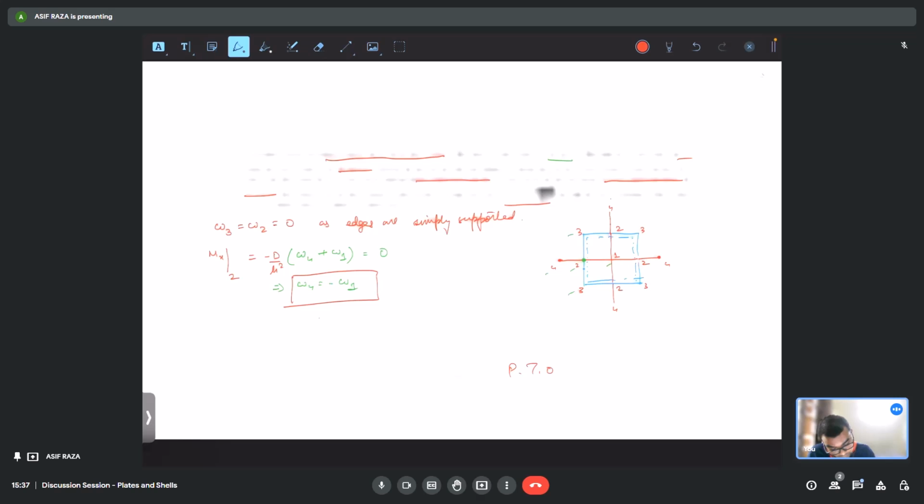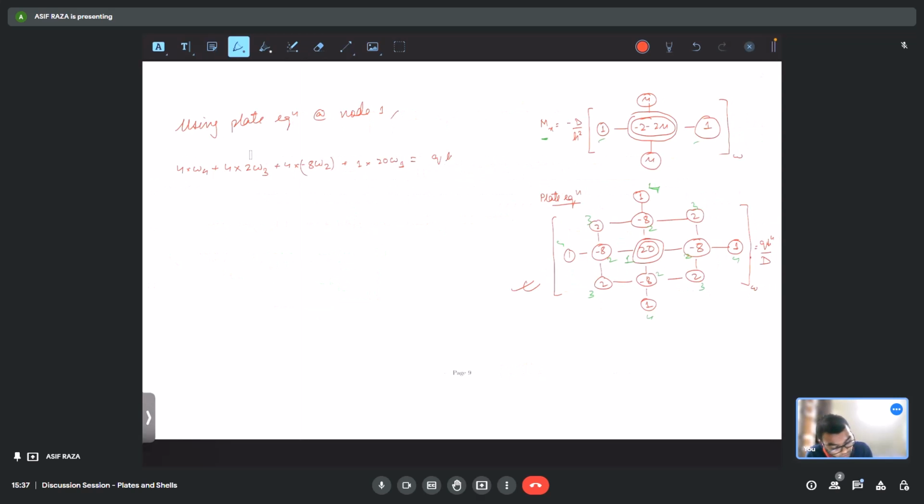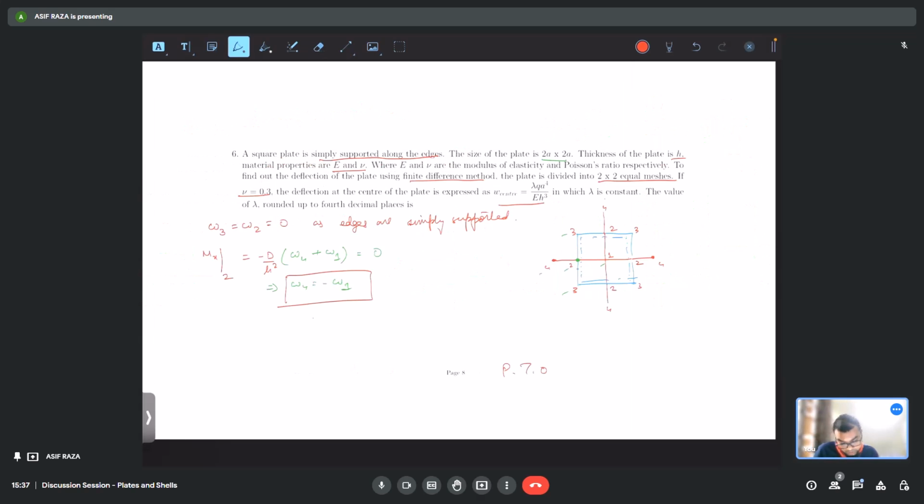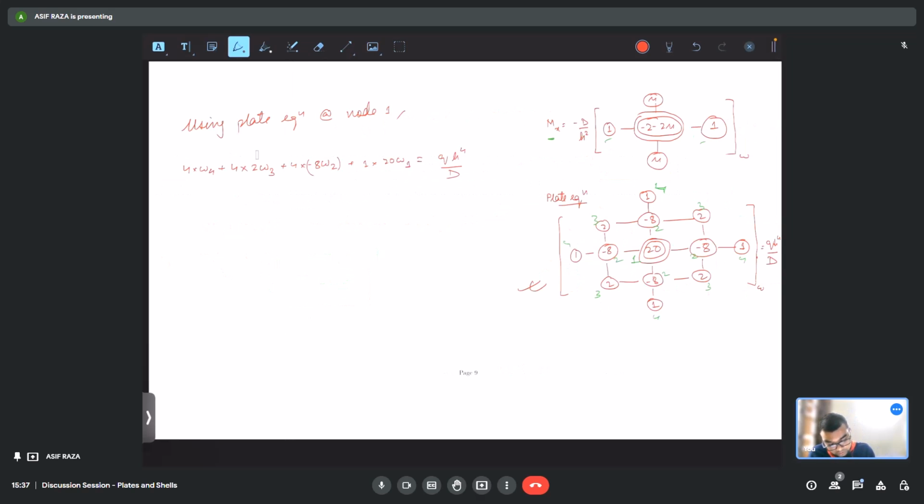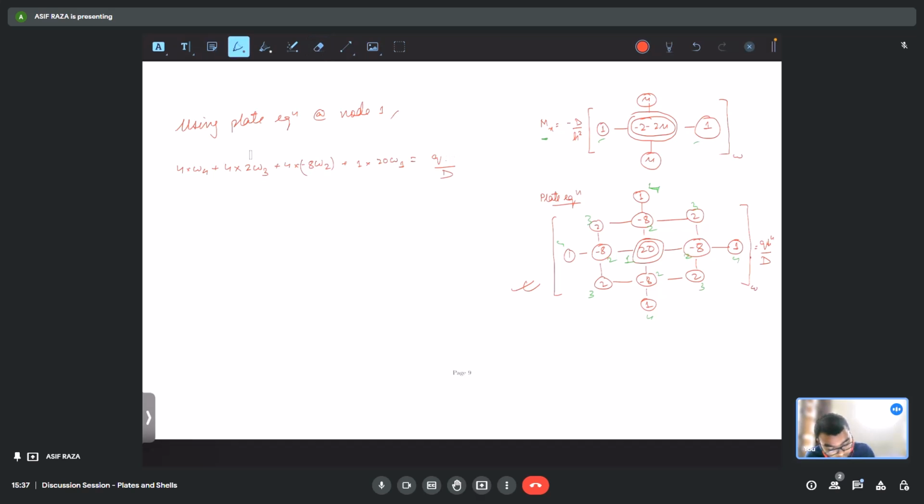We have Q, QH4 by D, right? In our context, this H would be the value of a to the power 4 by D. Let's now simplify this.